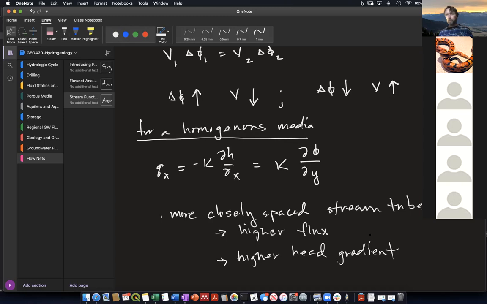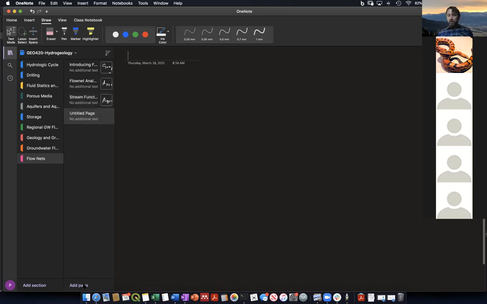Okay. A couple rules for now. Let's consider what happens for heterogeneous, and so let's just call this non-homogeneous and isotropic flow nets.